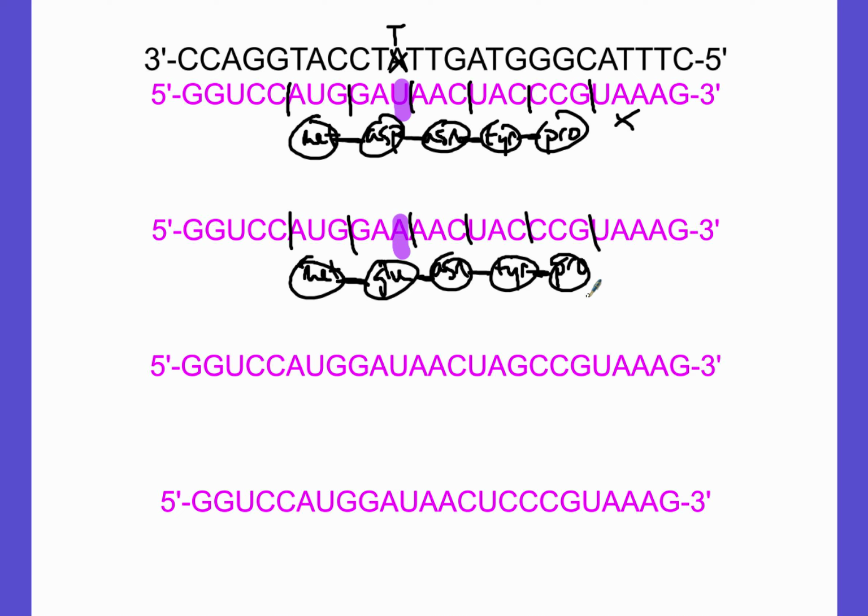It depends on where it happened and what you changed for what. But this kind of mutation doesn't necessarily have to be debilitating. It doesn't have to be a terrible thing that happens. It could be just a small little change that all of a sudden you have red hair instead of brown hair, right? So who knows what the effect is after the fact, but this is what a missense mutation looks like.